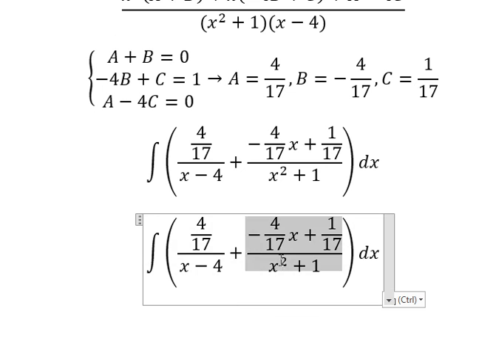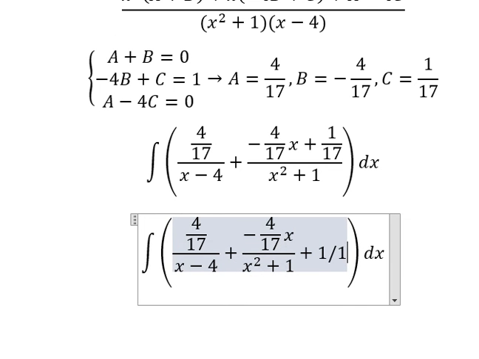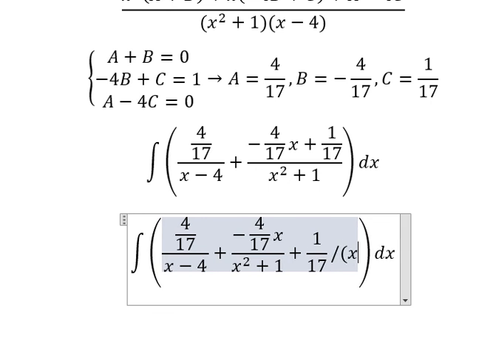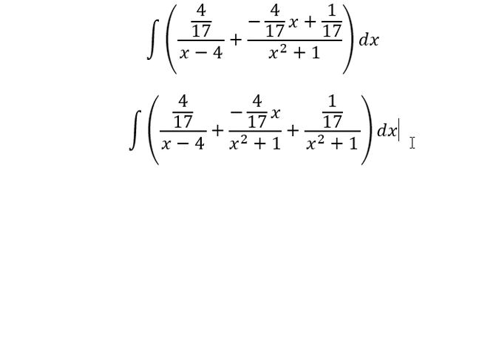Now we need to separate them in here. And now we have the final answer.